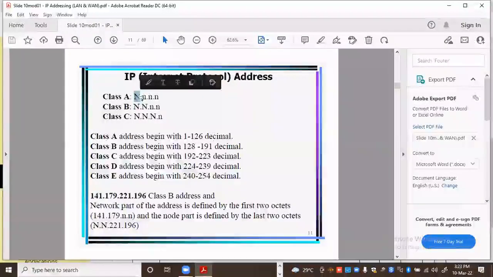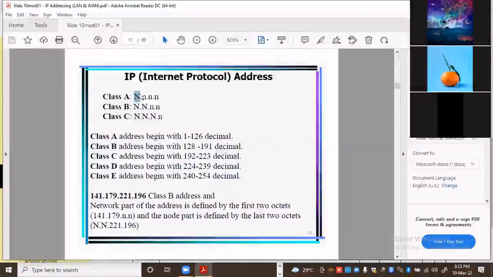Class A has only one network octet, it's a big N, but class C has three octets that form the network. So obviously they're going to be within different ranges, so you can't talk.